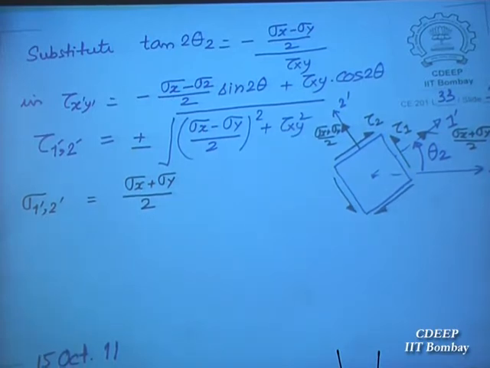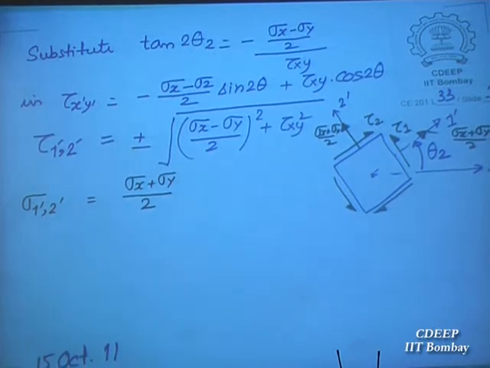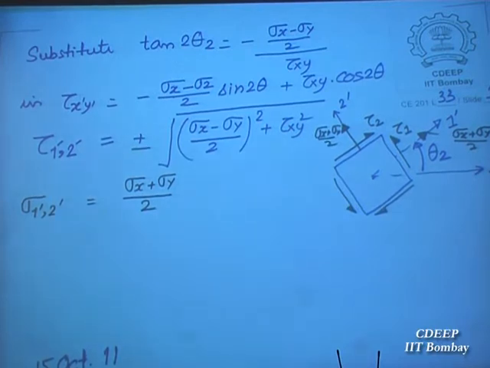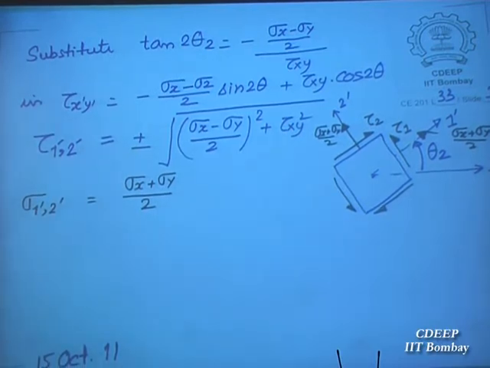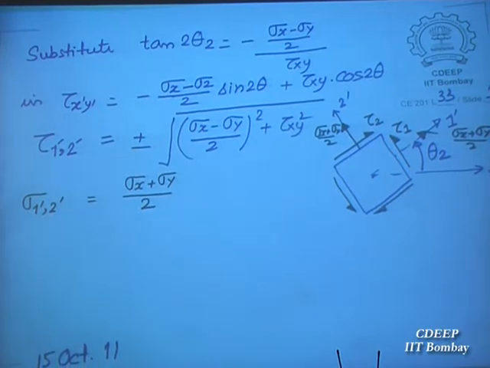Okay. Any doubt? So analytically, this completes finding the directions of maximum normal stress and maximum shear stress, and you are now in a position to find these quantities, which are very important.